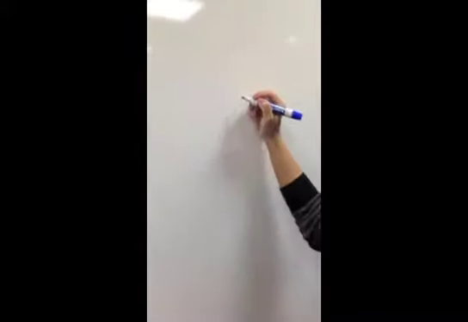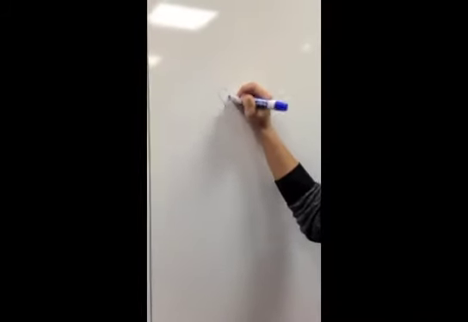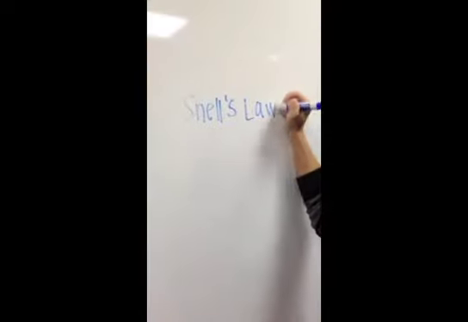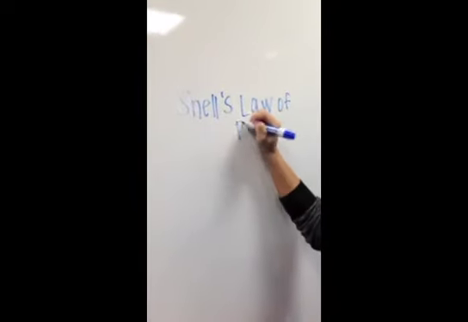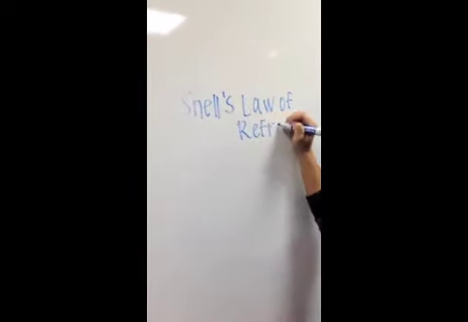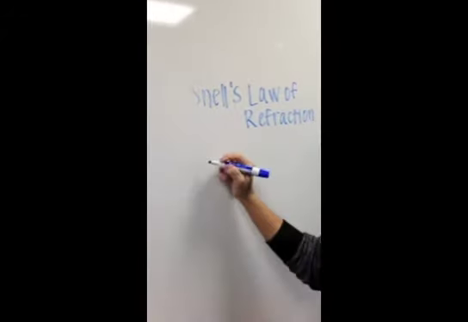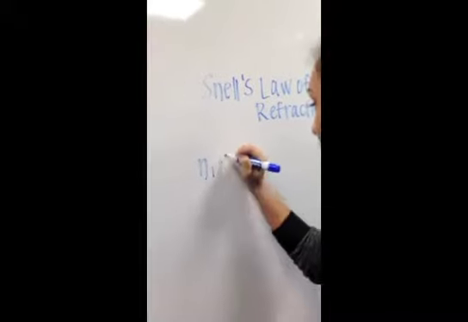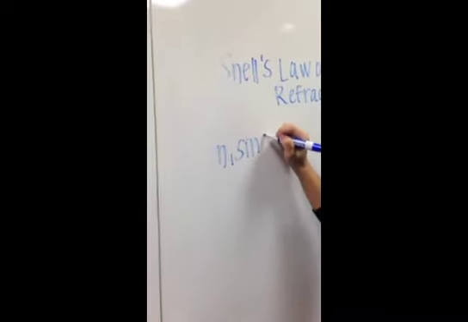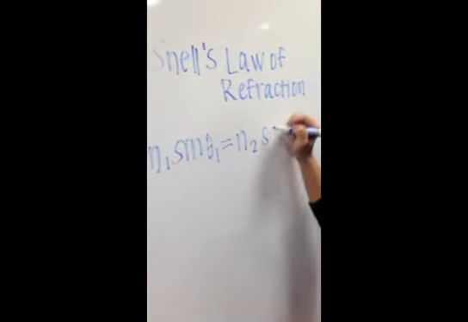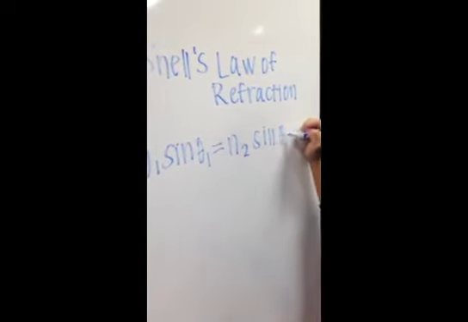The light that's refracted can be explained by Snell's law of refraction, which says N1 sine theta 1 is equal to N2 sine theta 2.